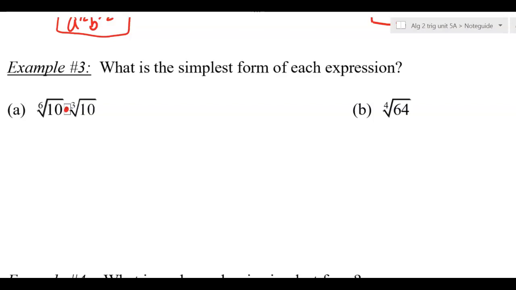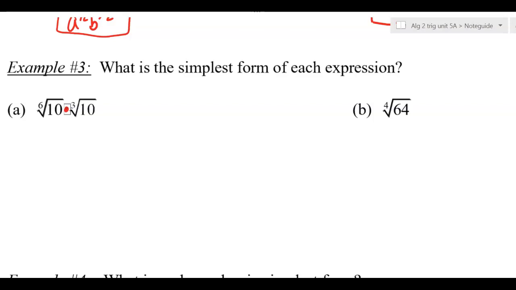When I see a fraction exponent, I want to rewrite it as a radical because I'm more comfortable with radicals. So then why even write it that way to begin with? If we only worked with radicals and we looked at part A right now, we would feel like there's nothing we could do, right? We talked about this before. We can multiply radicals together, but how does that work when one's a cube root and one's a 6th root? That doesn't really work with any of our radical rules, okay?